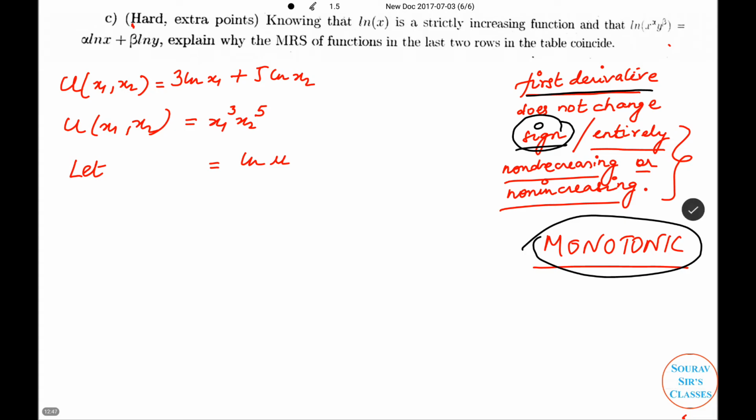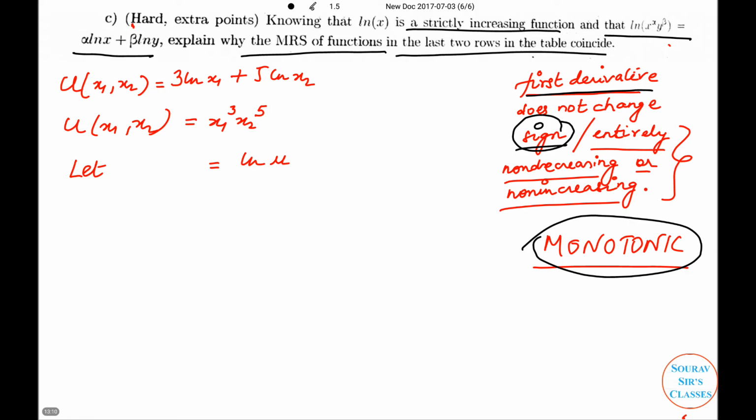Now having said that, let us start with the problem. This part says that knowing log x is a strictly increasing function and this takes the form, this particular function takes the form this, explain why the marginal rate of substitution of the functions in the last two rows in the table coincide.